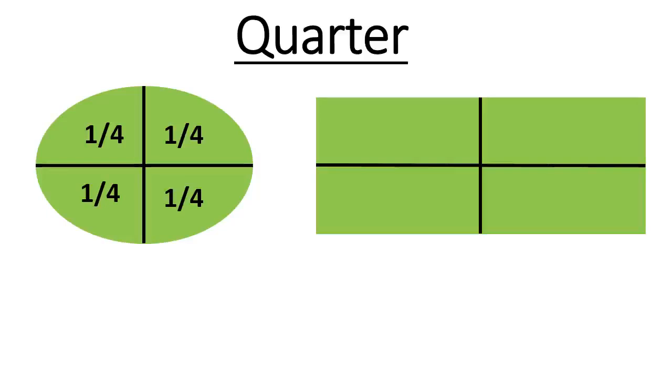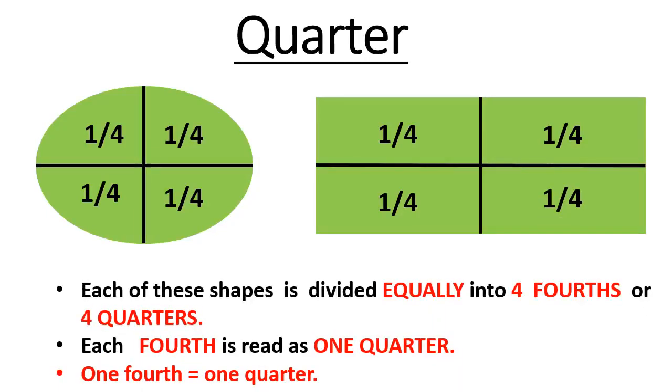Each part represents 1/4, 1/4, 1/4, and the last one 1/4. So each of these shapes is divided equally into four fourths or four quarters. Both of them are right. Each fourth is read as 1/4.